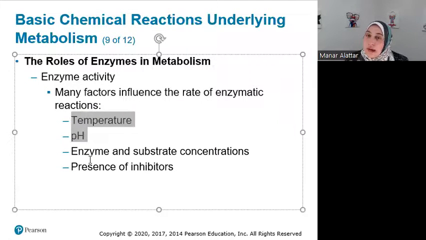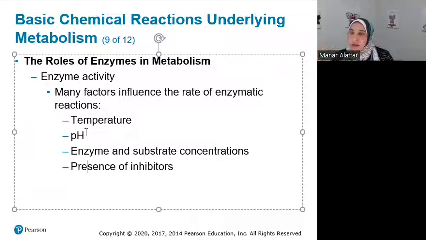But anytime you have environmental factors that influence the shape of the enzyme, it is either going to be improved in its function sometimes, but oftentimes what happens is it denatures. And denatures means that it unfolds and then it doesn't have the capacity to do its work anymore.